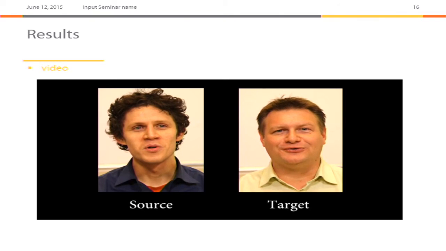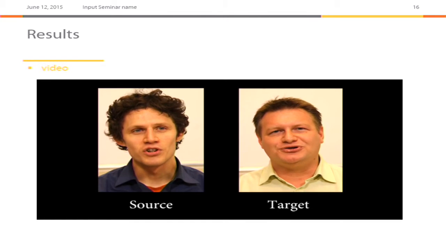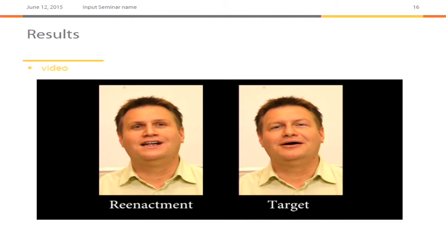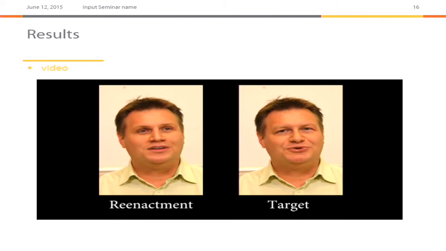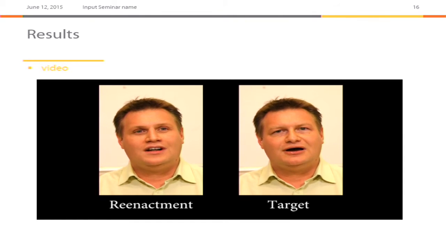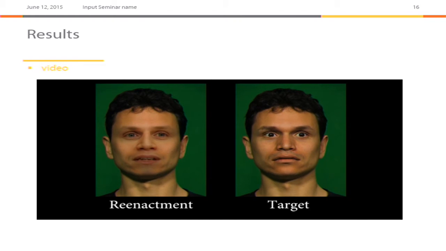Finally, these are some results. As you see, when the skin colors are more similar, then of course it works better. If you have more source frames, then the results get better.